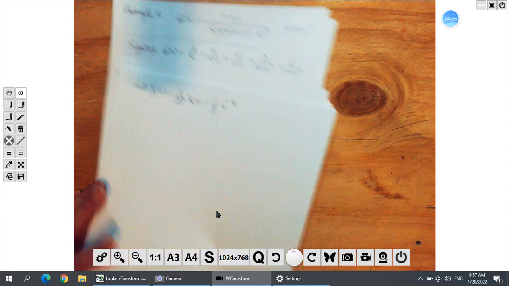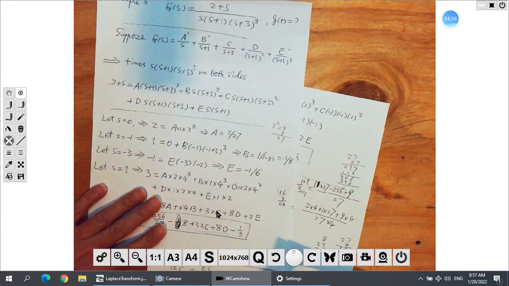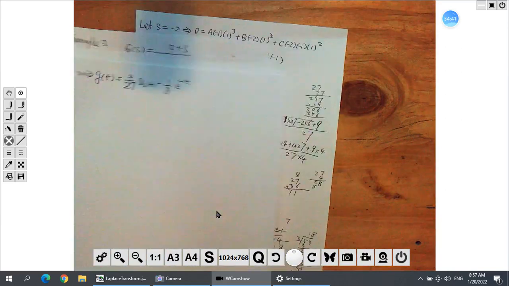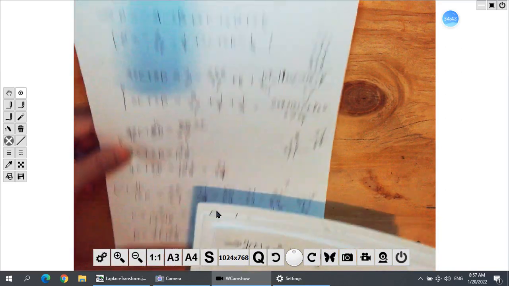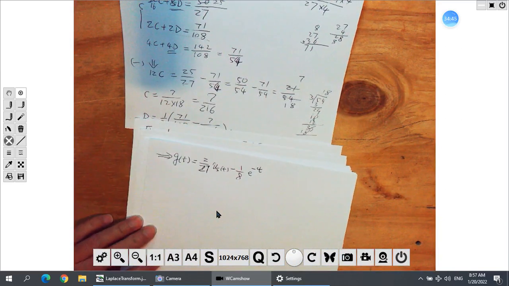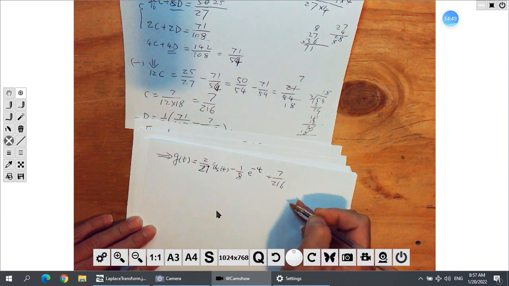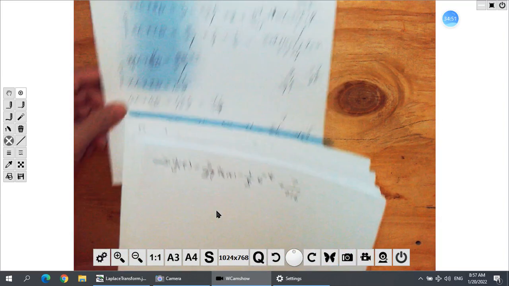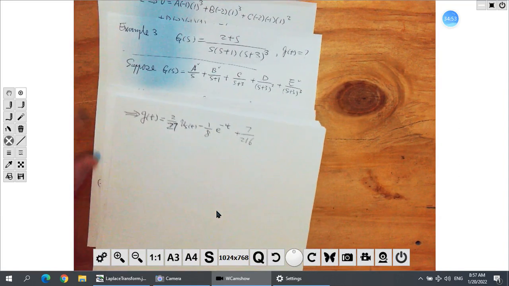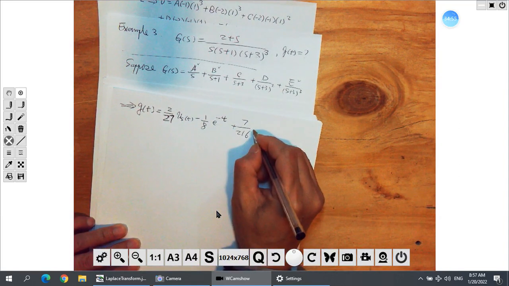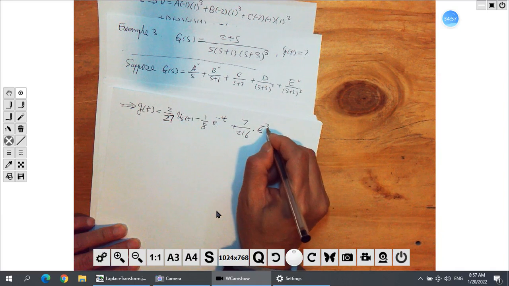And C is, let's see, C is here. C is 7/216, and C is the coefficient of s plus 3. S plus 3 is e to the negative 3t.